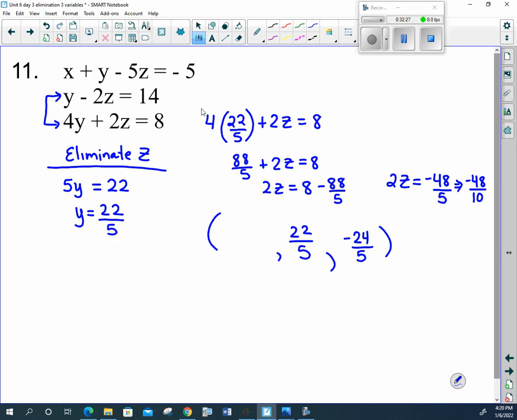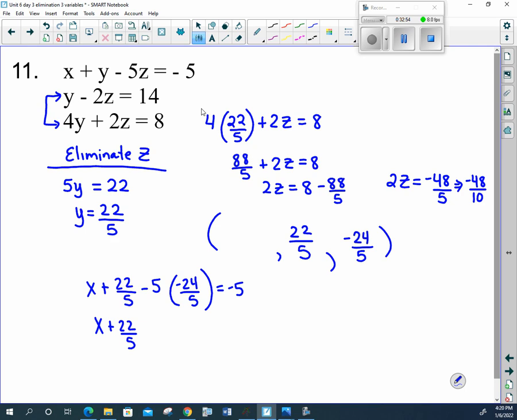And then the last one. So we're going to have to put in the y and the z to find the x. So this is going to go x plus 22 over 5 minus 5 times a negative 24 over 5 equals negative 5. Okay, so this right here is going to be x plus 22 over 5.